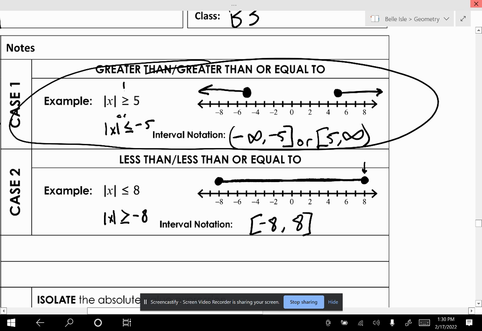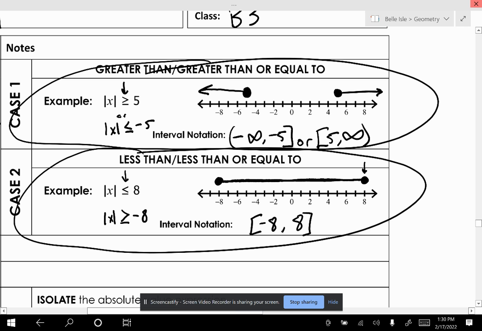So we see right here, what's your original sign? It's a greater than. That means it's an or problem today. If you get a less than symbol, it's an and problem. Nice thing about the absolute values.